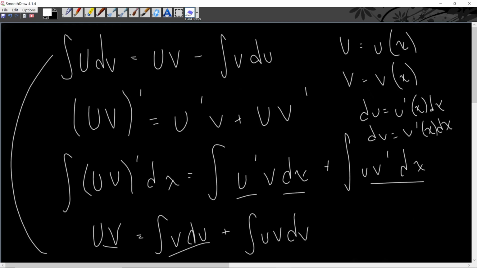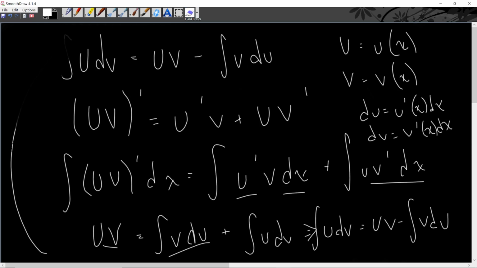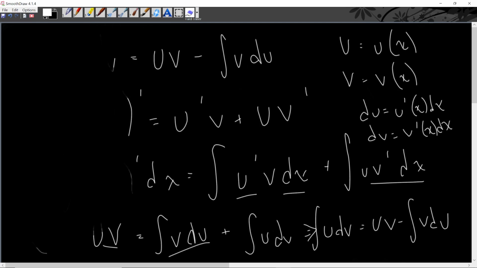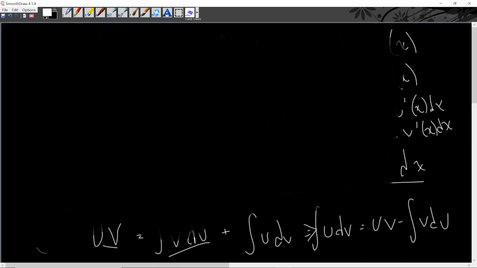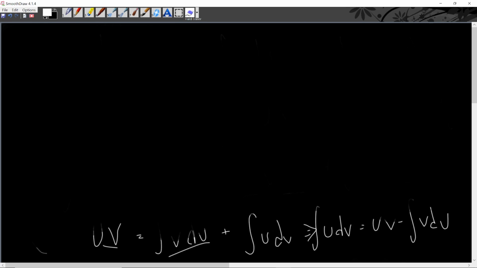We're just going to be left with u dv, that integral of u with respect to v, is equal to uv minus the integral of v with respect to u. So yeah, it's relatively self-intuitive. It's just going to be the way to undo product rule.